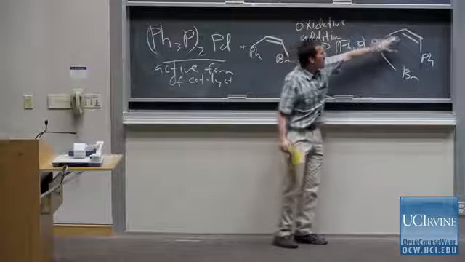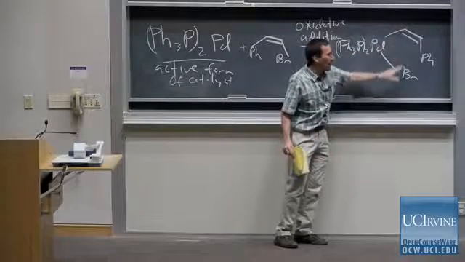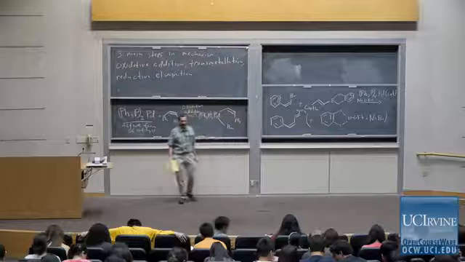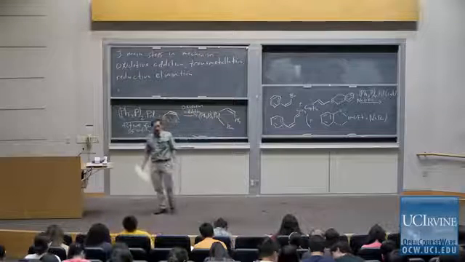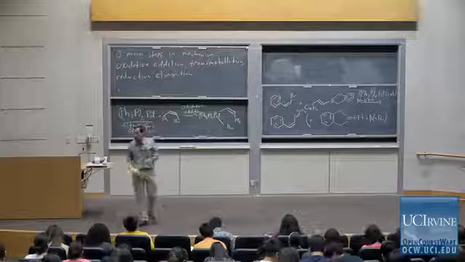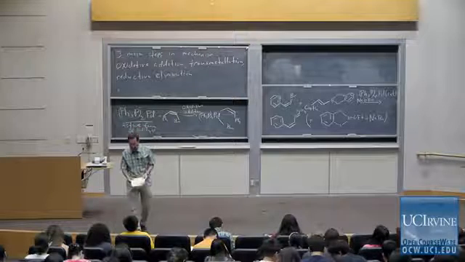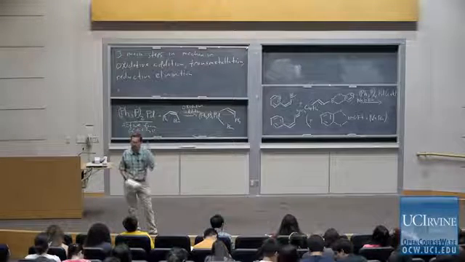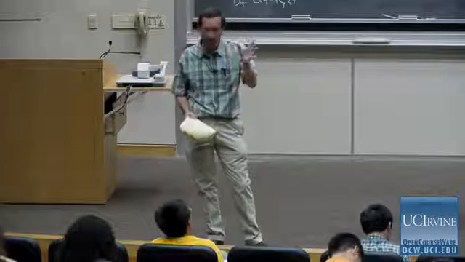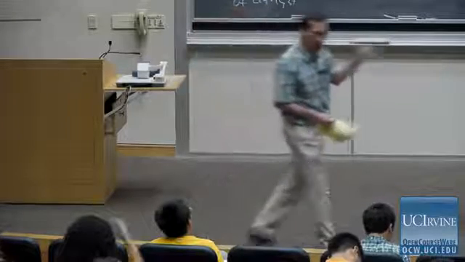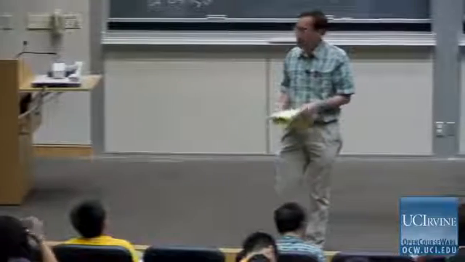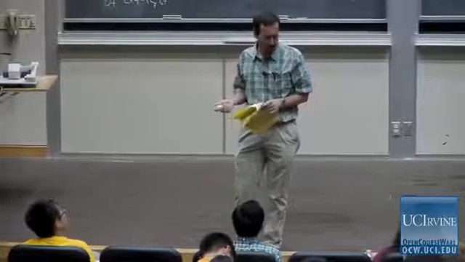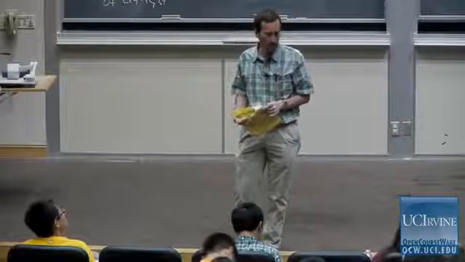Now the palladium has the alkenyl group bound to it and the halide group bound to it. And even though this reaction involves palladium, even though you haven't seen organopalladium reactions before, this reaction is just like the formation of a Grignard reagent.